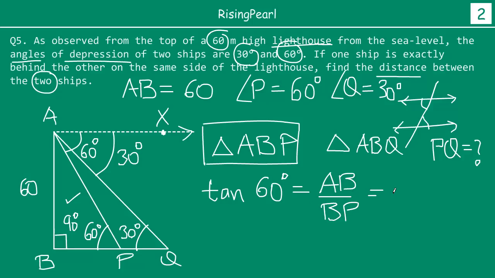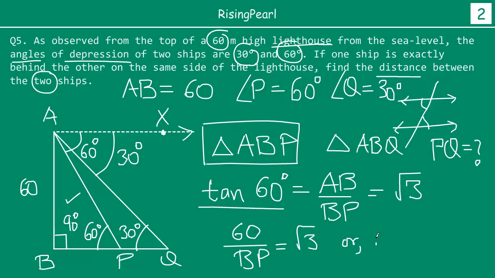Now tan 60 degrees is equal to square root 3. We know this from the table. Tan 60 is square root 3. AB is 60. So we have 60 divided by BP equal to square root 3, or BP is equal to 60 divided by square root 3. That is, we take BP this side and this comes down.